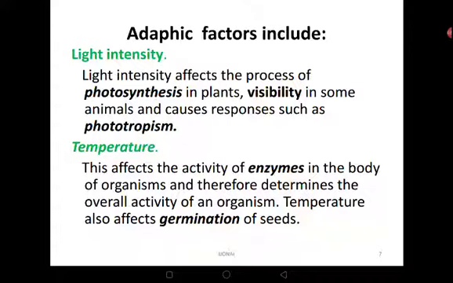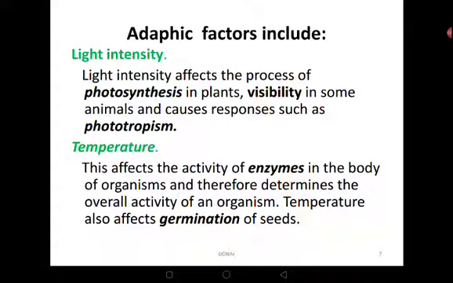You know very well that temperature affects the rate of enzyme activity. That the rate of enzyme activity increases with increase in what? Temperature, until the optimum is reached. So the presence of optimum temperature, or temperature in general, has an impact on how organisms are active in the ecosystem.